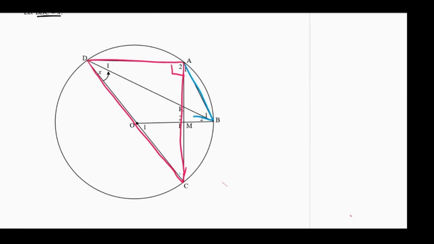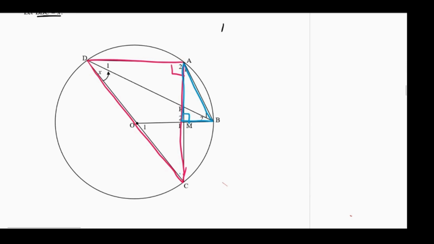Let me write it nicely. So it also supports Pythagoras theorem. It's 90 degrees here. So you're going to use these two triangles to prove what is stated in this question.